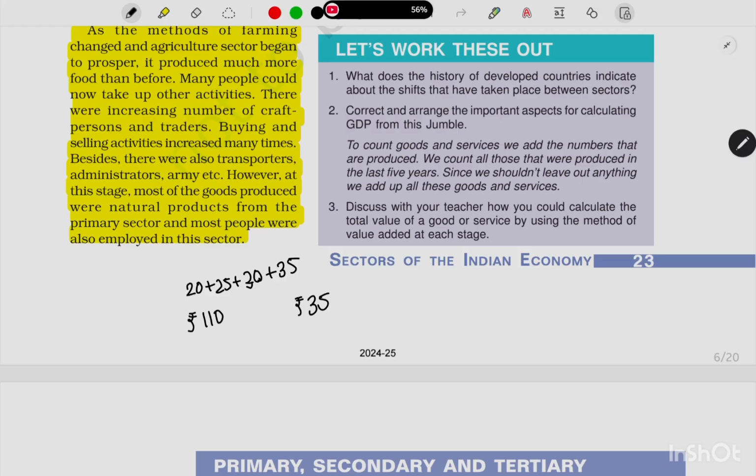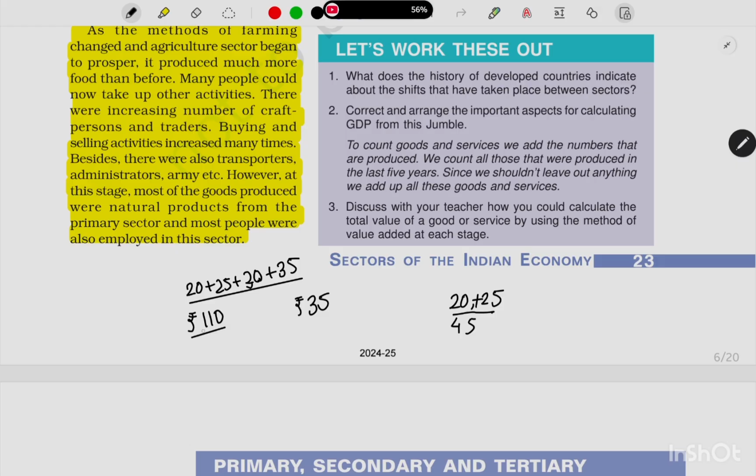But in the case of the total, there will be 110 rupees. Ridiculously high. Now let's say in another country, I sold for 20 rupees, and then after that, I sold for 25 rupees. This gives us 110 if we add the entire thing, and this gives us 45. So basically, what I sold in both countries is 1 kilogram of wheat.